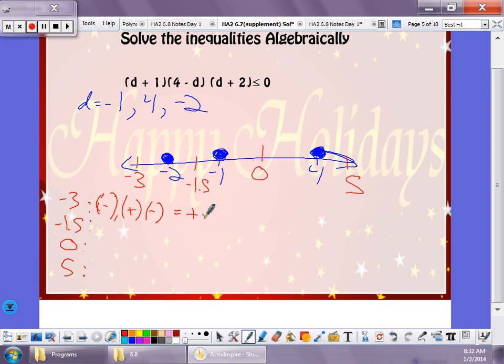Yeah. So then I do the same thing with -1.5. So -1.5 plus 1 is going to be a negative. 4 minus -1.5 is going to be a positive. And -1.5 plus 2 is going to be a positive. So we end up with a negative here. So is a negative value less than or equal to 0? Yes, so I can shade in here.